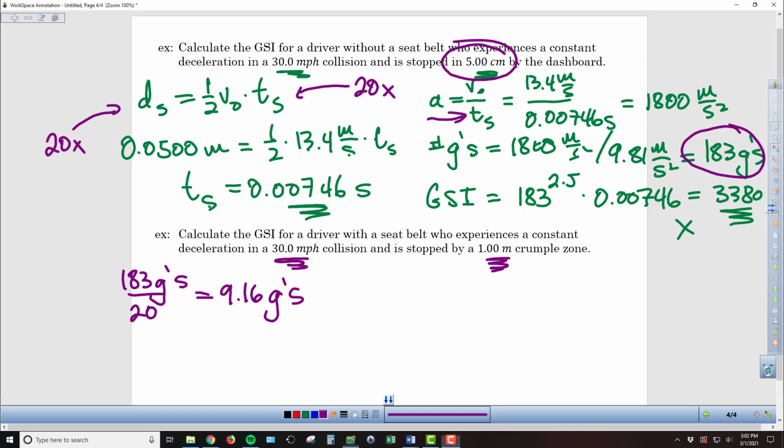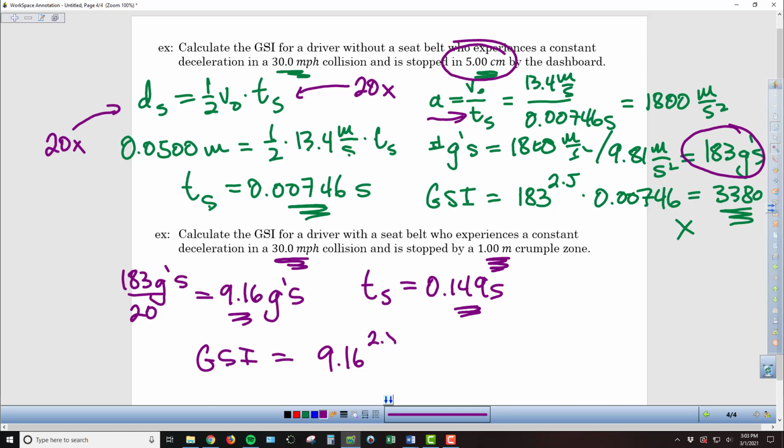Taking the stopping time from above and multiplying it by 20, we get a stopping time of 0.149 seconds. So with this crumple zone and the seatbelt, we've reduced the number of Gs and increased the stopping time. Now when we calculate our GSI, we've got 9.16 to the 2.5 power times the stopping time, 0.149.